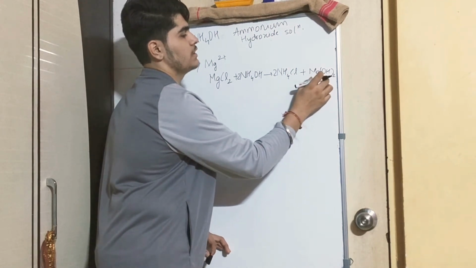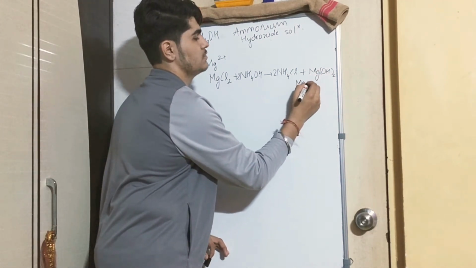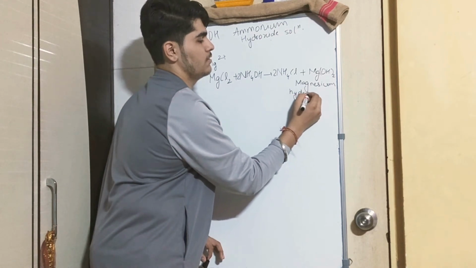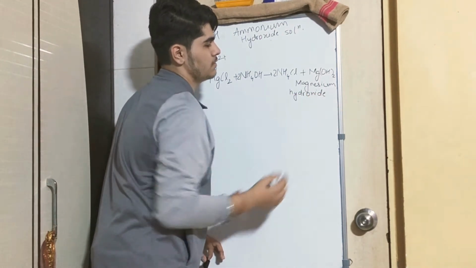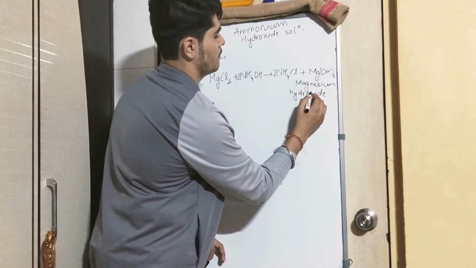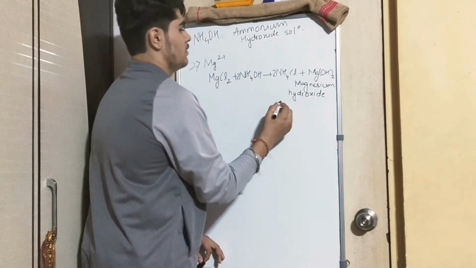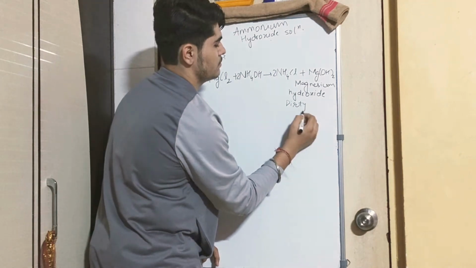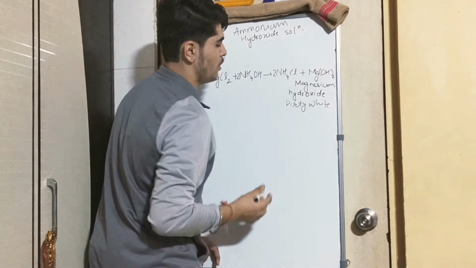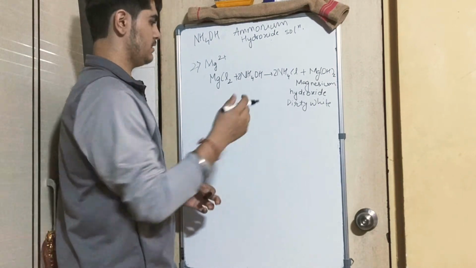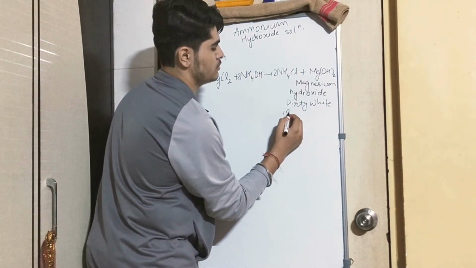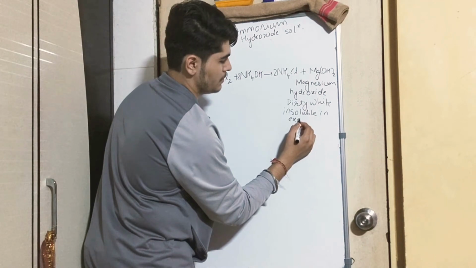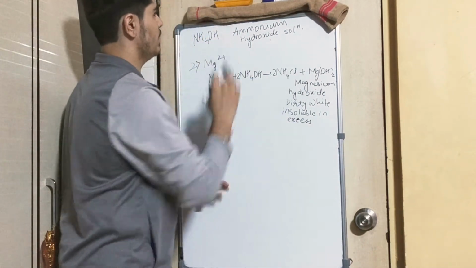This byproduct which we get is called ammonium chloride. Now we are concentrating on this. The name of this is magnesium hydroxide, and the color is dirty white, or you can also call it a pale white precipitate, which is insoluble in excess of NH4OH solution.